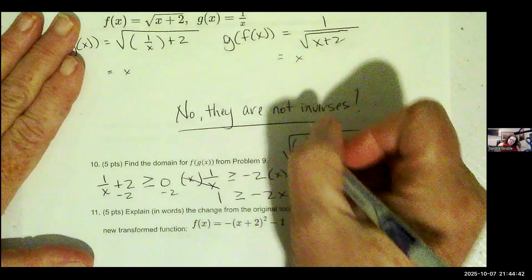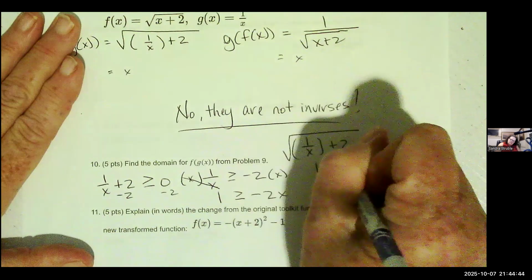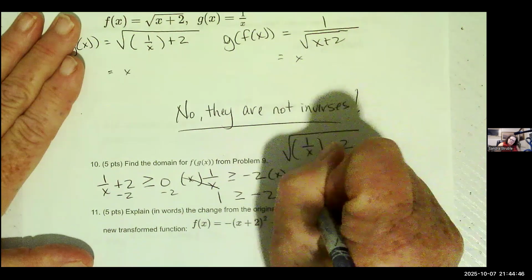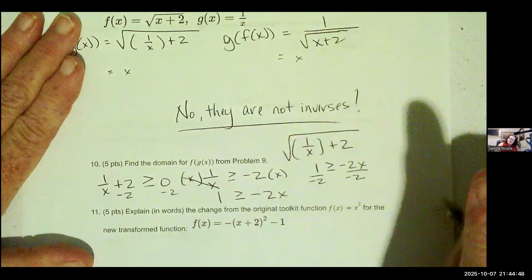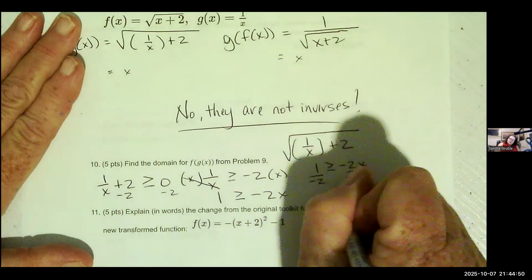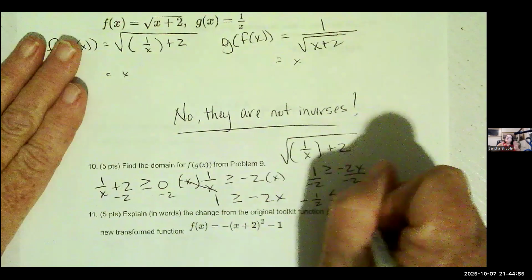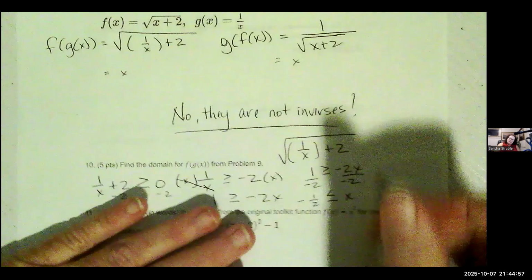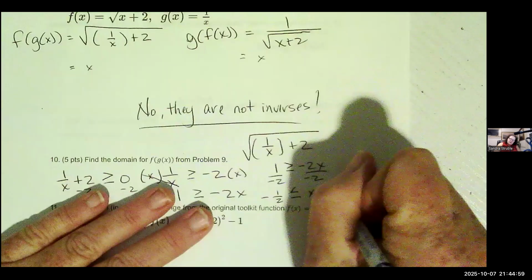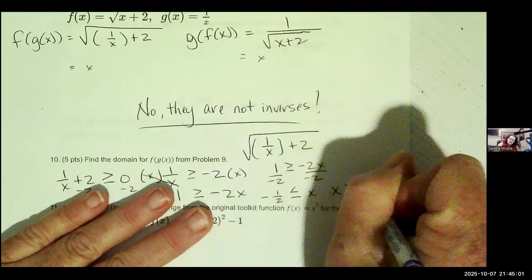I'm going to rewrite it. Remember, when you divide by a negative, your inequality switches. It flips. So I'm going to rewrite this with my x on the left side, just because it makes it easier to see what we're dealing with here. x is going to be greater than or equal to negative 1/2.